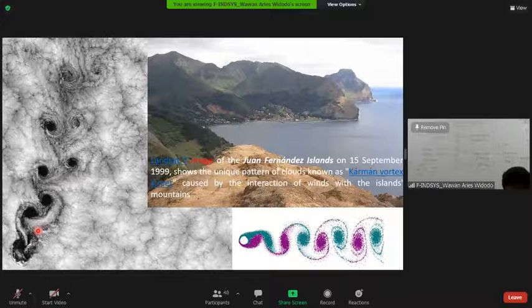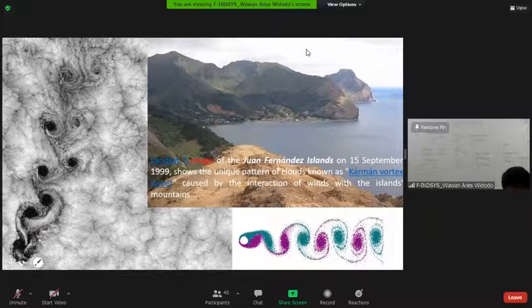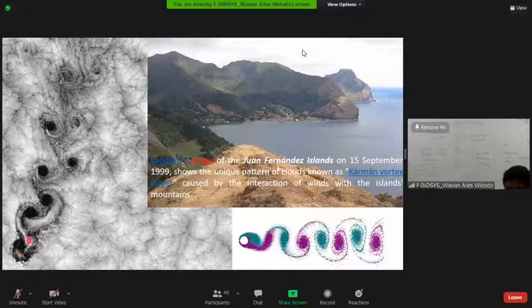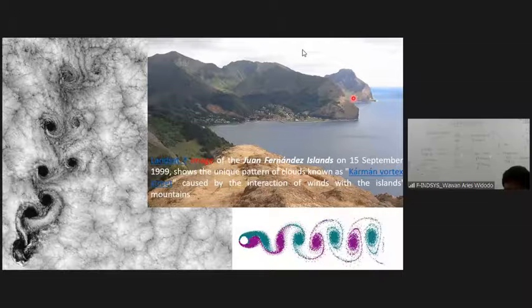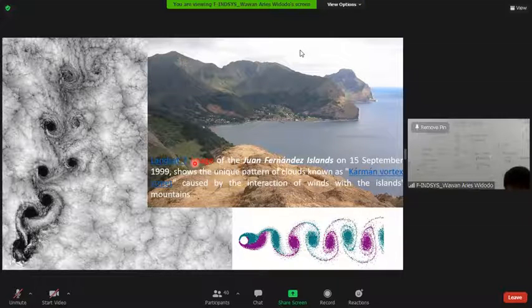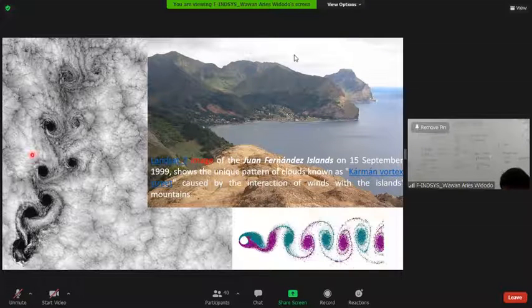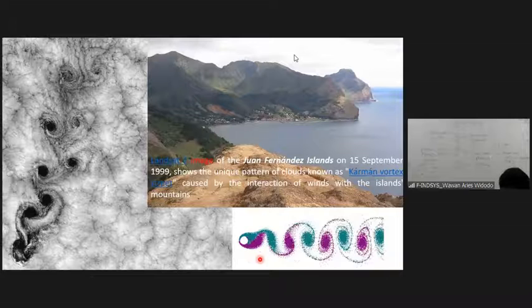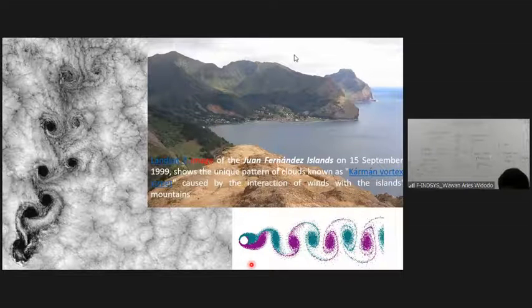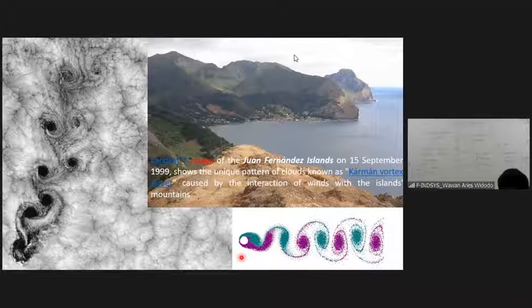This is the interaction between wind speed and contact with the mountain here on the island of Juan Fernandez, which created the von Karman vortex street. This is the numerical simulation, a differential equation to describe flow around a circular cylinder.